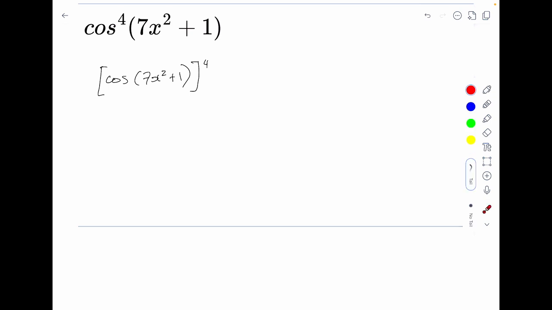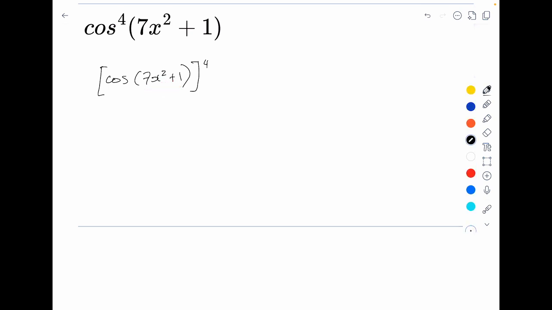We've got the outer function, which is f of x to the power 4, a middle function, which is g of x, and the inner function, which is h of x. Where g of x is cos, f of x is to the power 4, and the inner function is h of x.